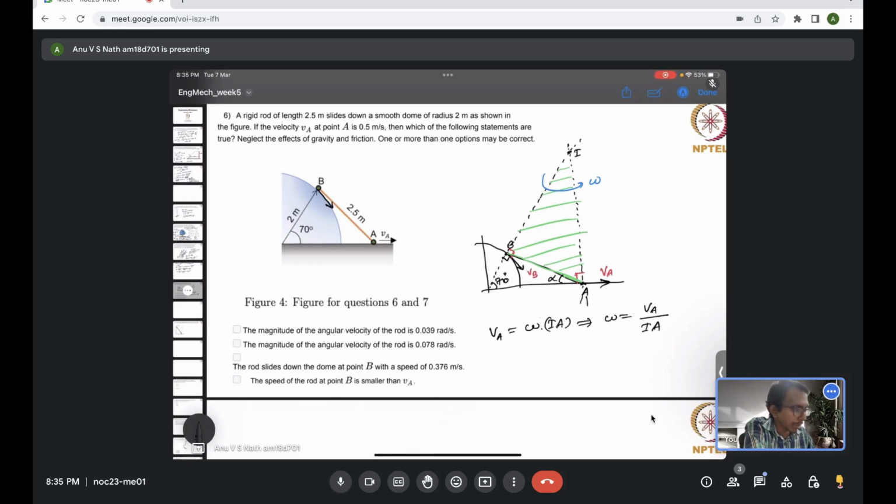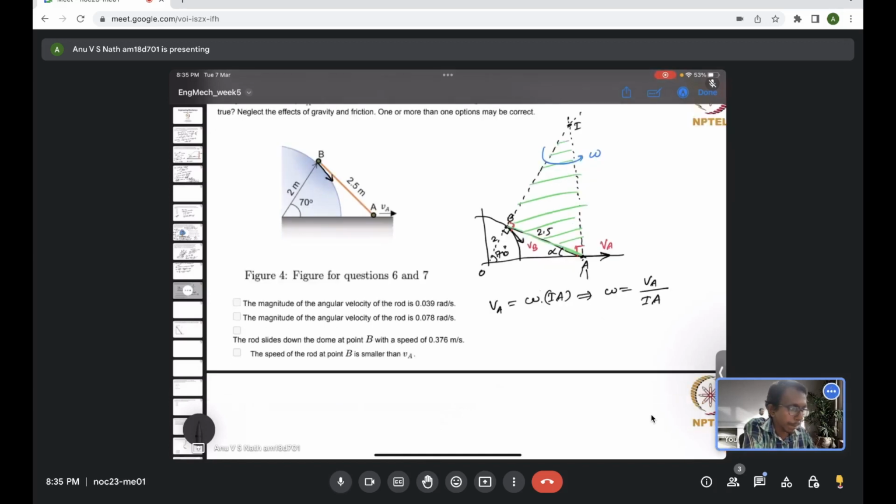We know the length of the rod AB is 2.5, right? I think it's given in the question. And let's denote this as origin. The radius OB is 2 meter. Now what is OA? What is angle alpha?